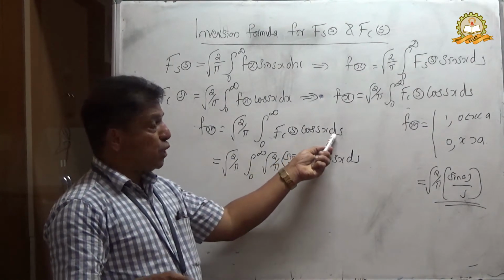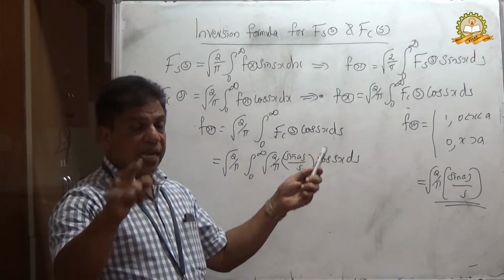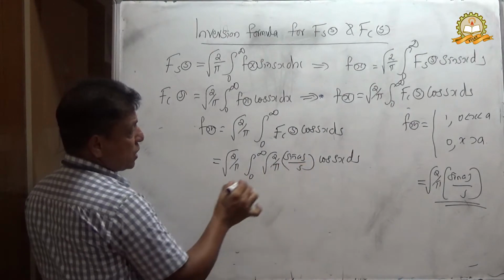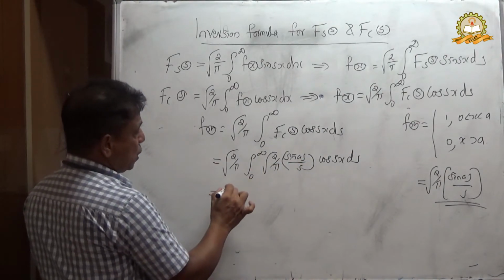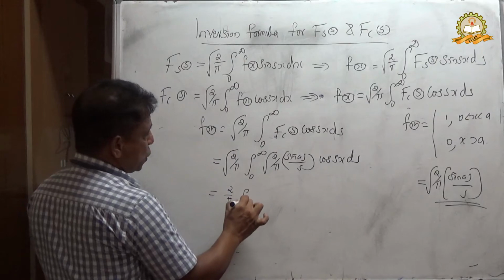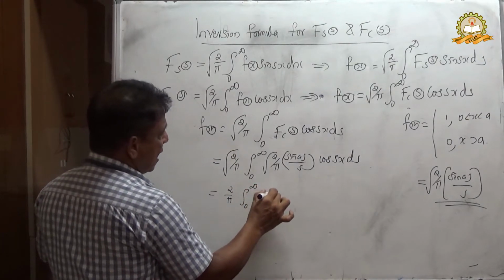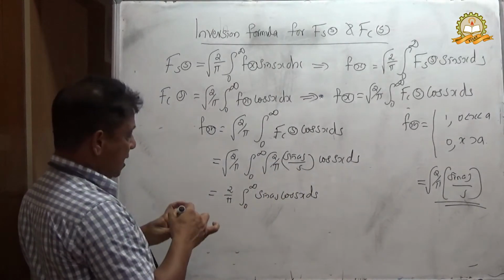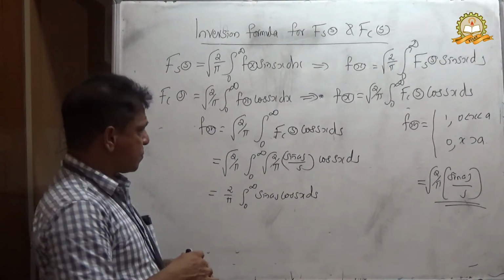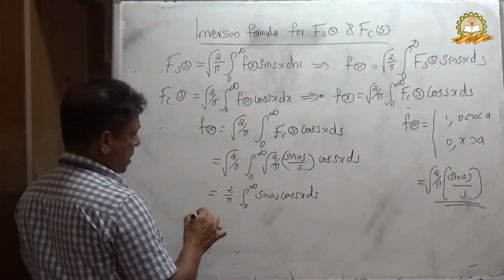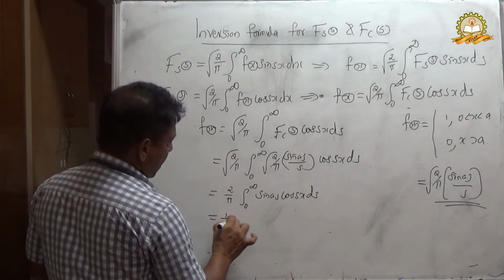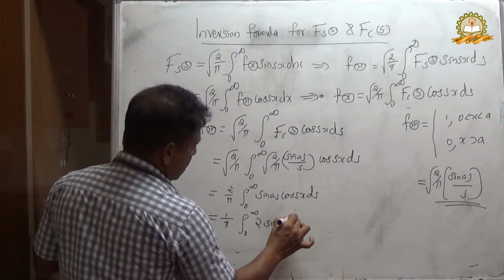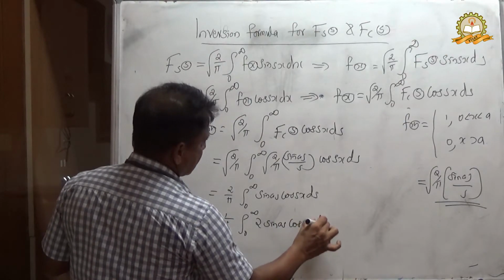Then we substitute root of 2 by pi into sin as by s into cos sx ds. Multiplying, we get 2 by pi integral 0 to infinity sin as cos sx ds. Then we have to integrate this: 1 by pi integral 0 to infinity 2 sin as cos sx ds.